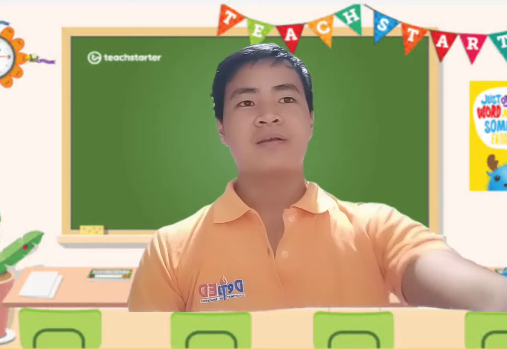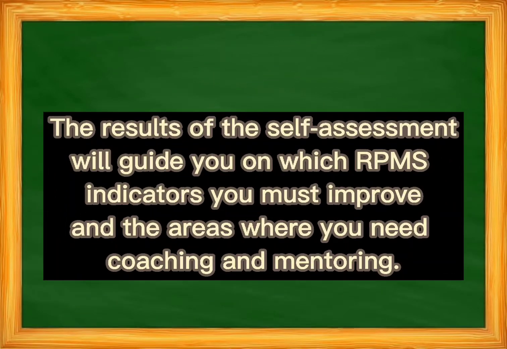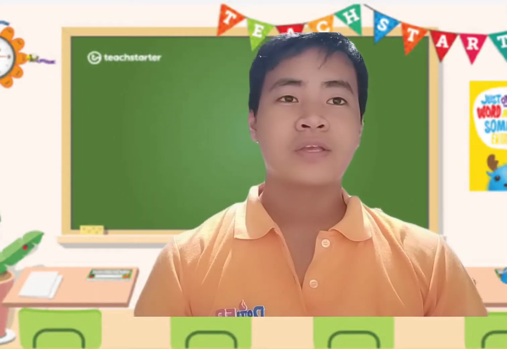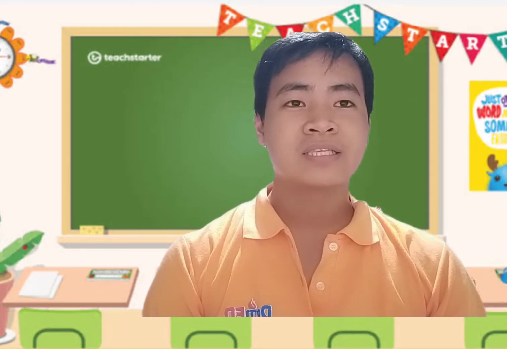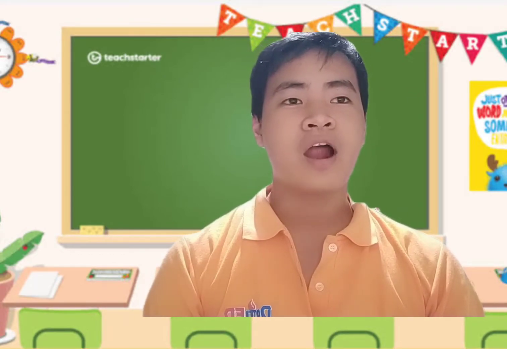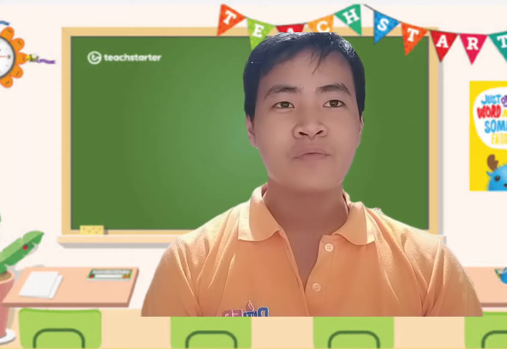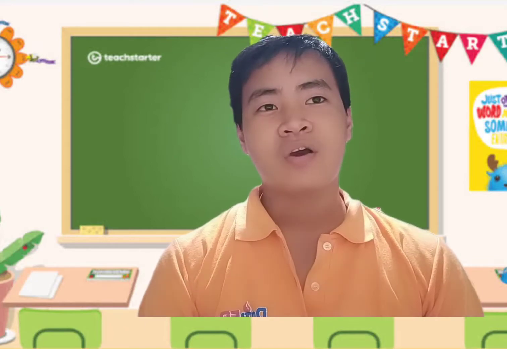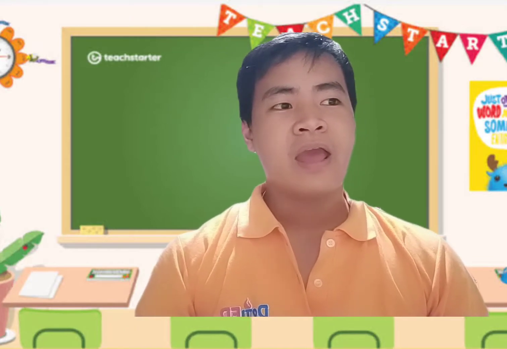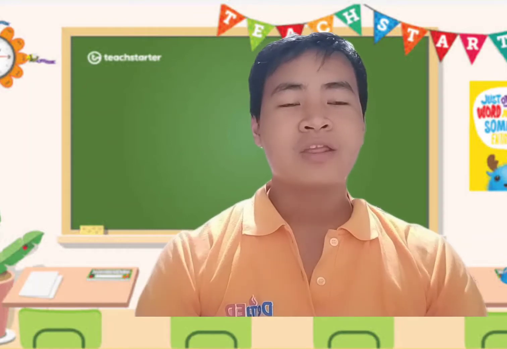Another purpose: the results of the self-assessment will guide you on which RPMS indicators you must improve and the areas where you need coaching and mentoring. So the result of your self-assessment tool will guide you on your RPMS indicators, and you will know what to improve and develop based on that, and the areas where you need mentoring and coaching.